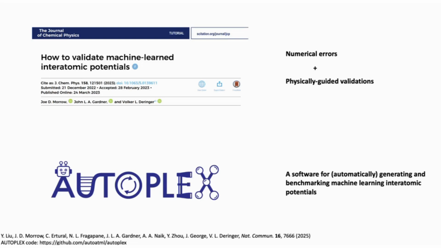Secondly, nowadays you don't really have to hand build a potential completely from scratch, which might take years, as I did for GST GAP and GST ACE. We have developed software which automates the training and the benchmarking process. This software is called autoplex, which is based on random structure search and is jointly developed with our collaborators from Berlin.